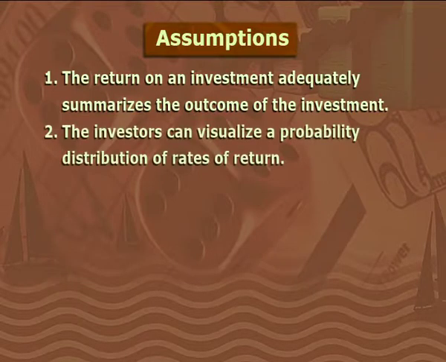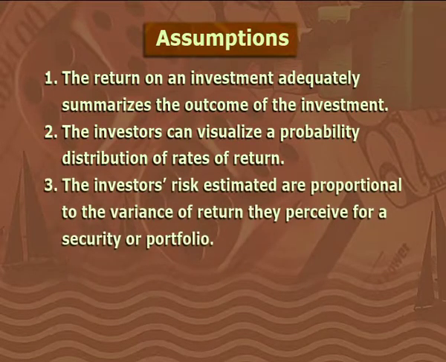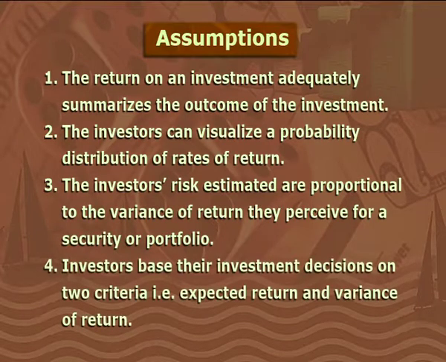Number 2, the investors can visualize a probability distribution of rates of return. Number 3, the investors' risk estimates are proportional to the variance of return they perceive for a security or a portfolio. Number 4, investors base their investment decisions on two criteria, that is, expected return and variance of return.